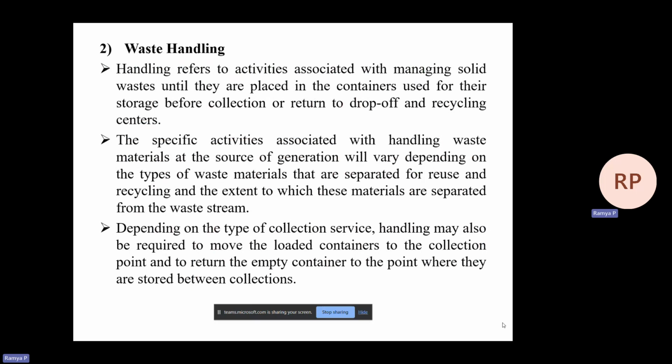Depending on the type of collection service, handling may also vary. It can require moving the loaded containers from the collection point and bringing the empty container back to the point where it is stored between collections.